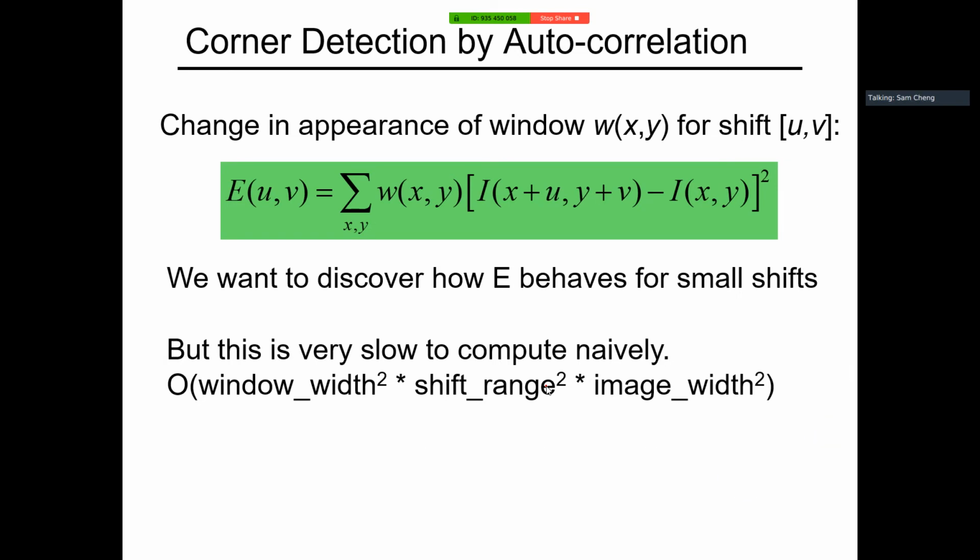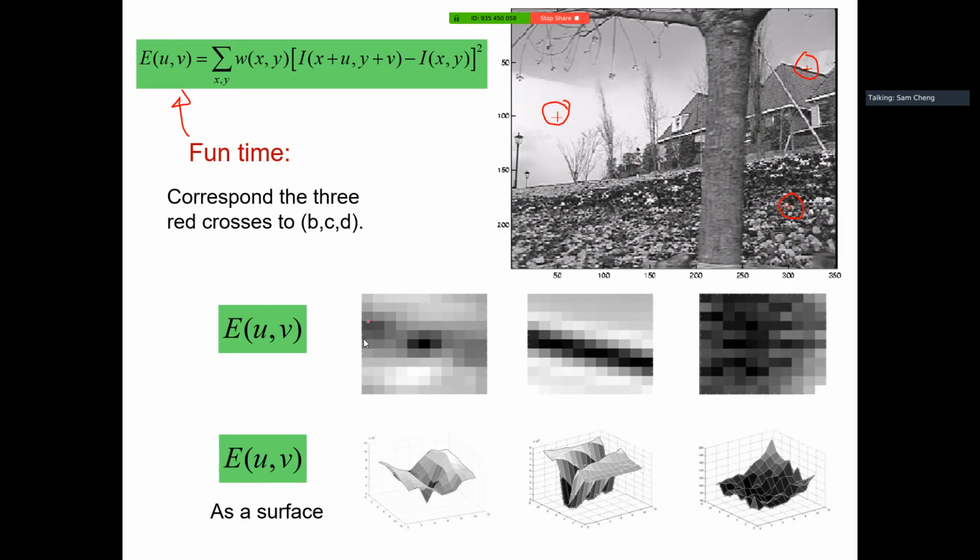And what we're interested in is, if you think of this, we don't need to compute this exact E(u,v) here. What we want is just to get the shape, right?